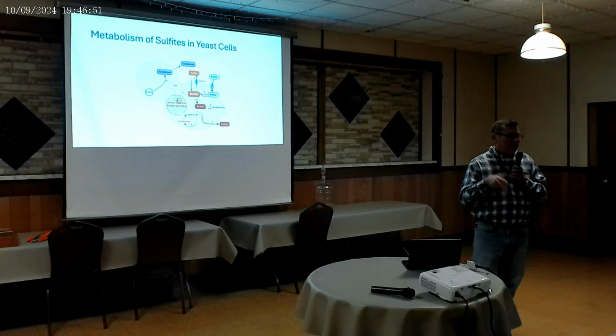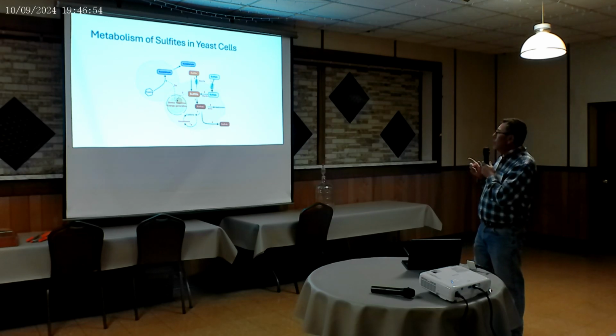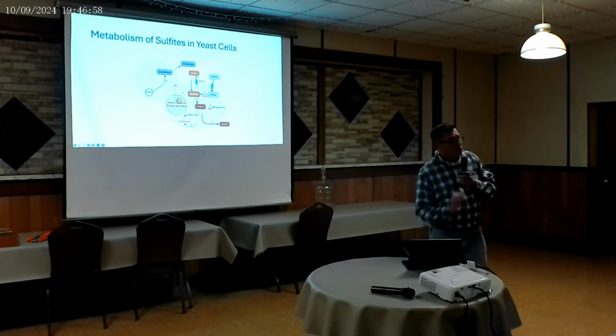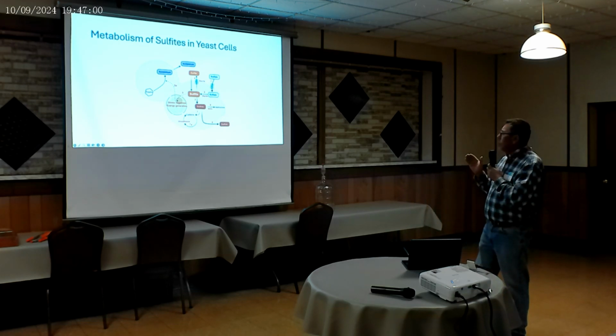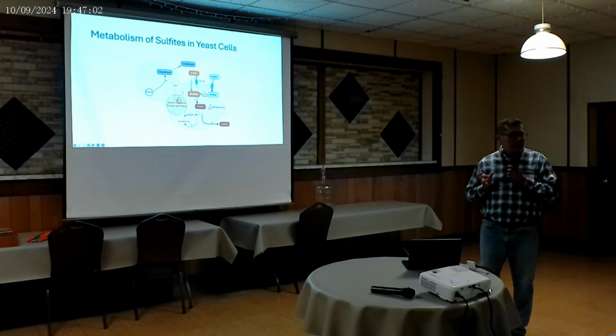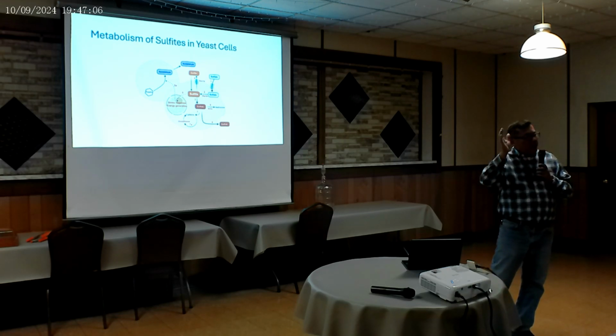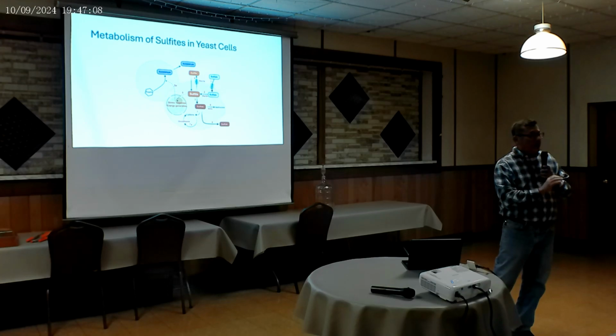Okay, I do need to talk about yeast metabolism a little bit, because there are some good pearls that I learned when I did this project, and one of them is sulfites. Sulfites will be metabolized by yeast cells.